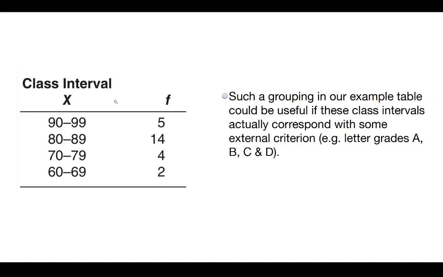However, in the absence of some external criterion for grouping, it is preferable to have at least 10 class intervals to get a detailed picture of the distribution. Again, let me repeat: in the absence of an external criterion, it is recommended to have at least about 10 class intervals, not interval width.